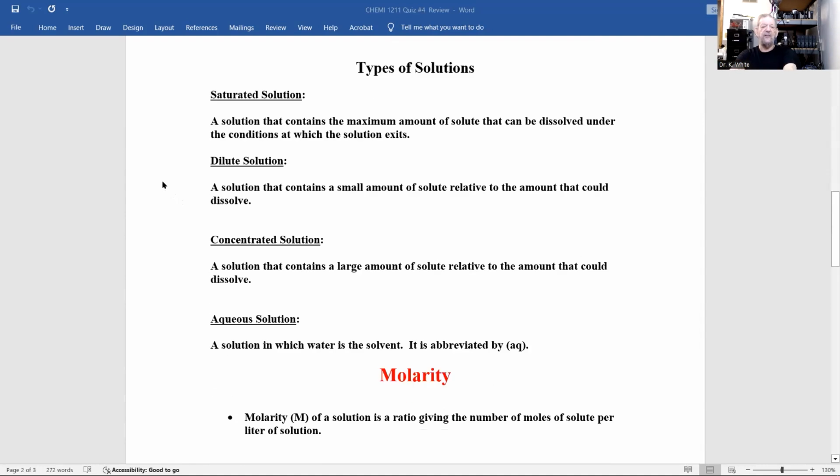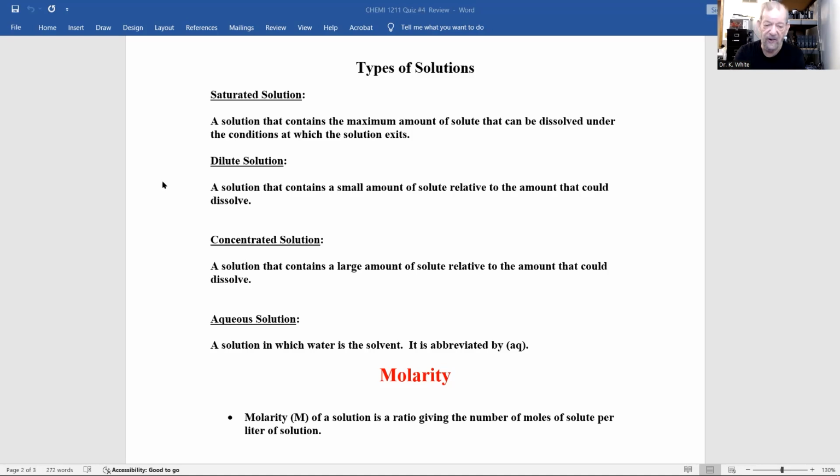Now, there are some more terms I would like you to know. One is saturated solution. A saturated solution contains the maximum amount of solute that can be dissolved under the conditions at which the solution exists. A dilute solution means there's just a small amount of solute relative to the amount that could dissolve.